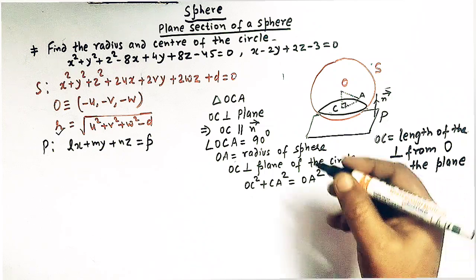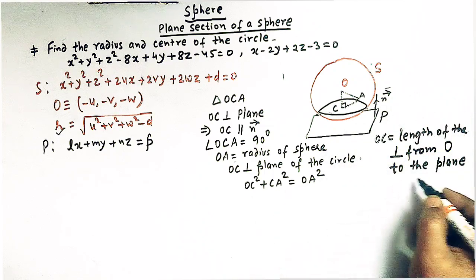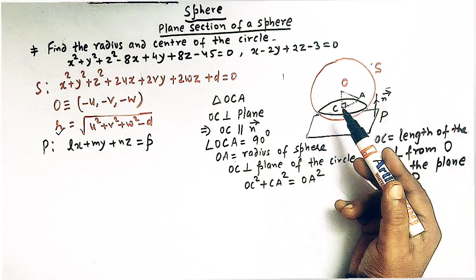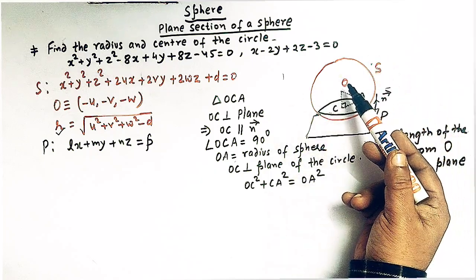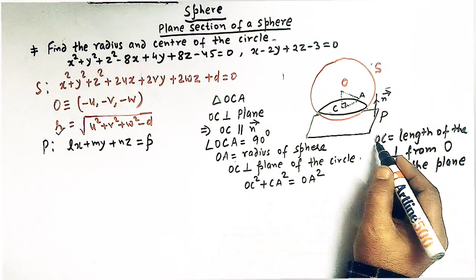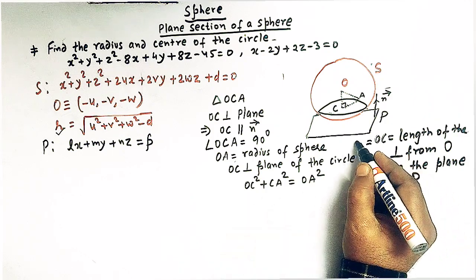And we already know the formula to find the length of the perpendicular from a given point to a given plane, right? So let us take OC as lambda.